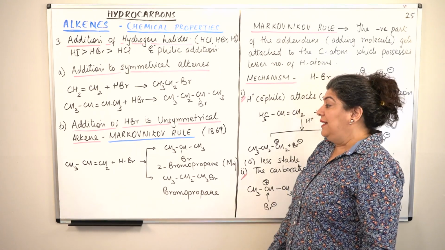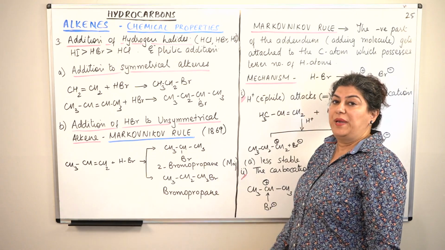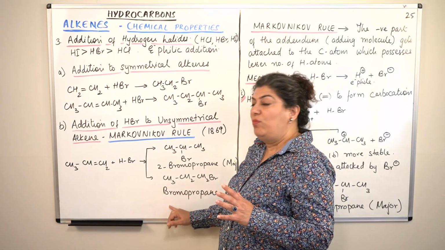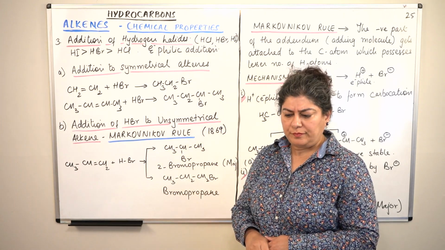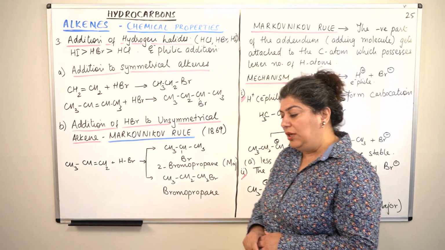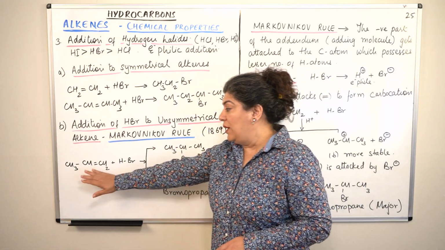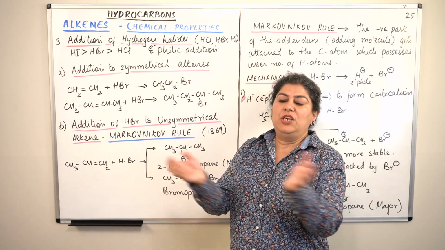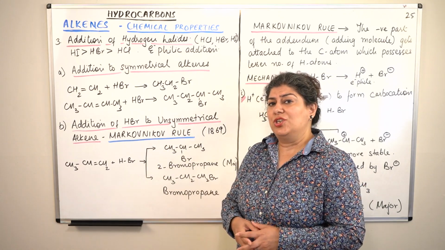It has been seen that usually when you carry out this reaction, it is 2-bromopropane which is formed in greater abundance, and the quantity of 1-bromopropane is very, very little. If you really think mathematically, you are just putting molecules together. You had the propene molecules and you had HBr, they are hitting each other and reacting with each other.